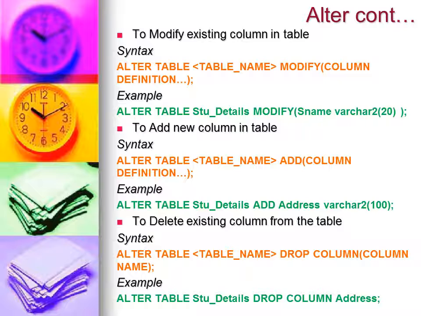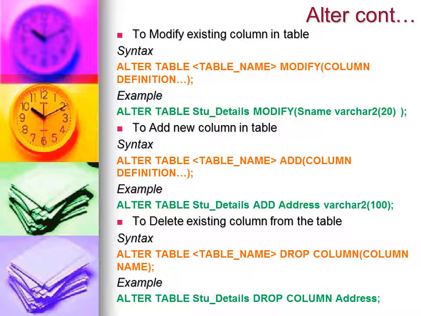The syntax is alter table, table name, modify. Within brackets we specify the column definitions. For example, in the student details we specified the student name as 100 characters, but I want to modify it into 20 characters. For that I give the example.